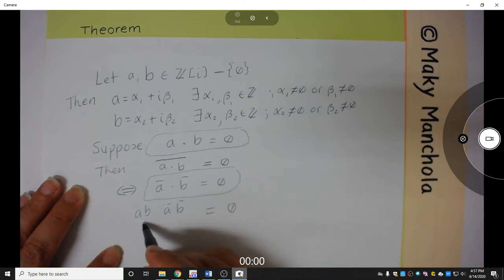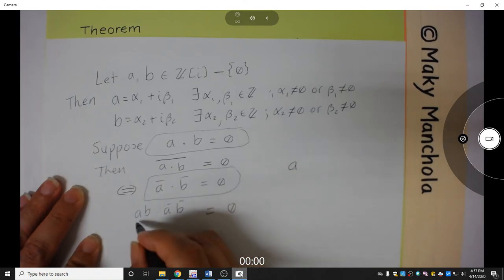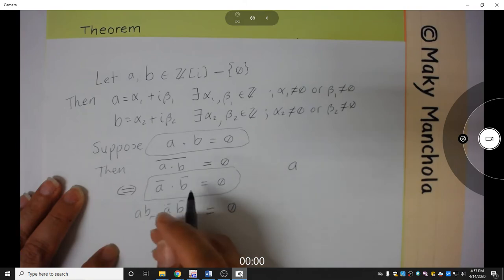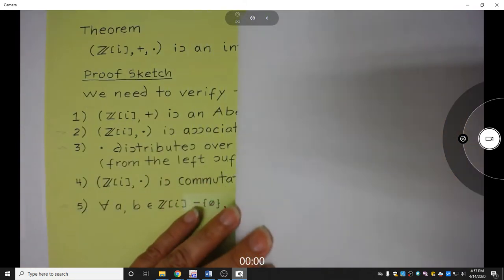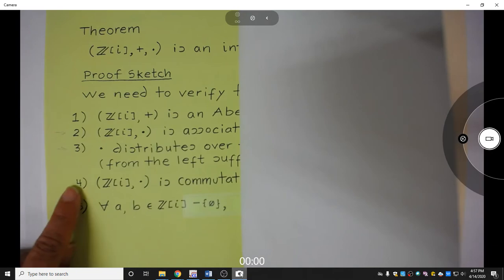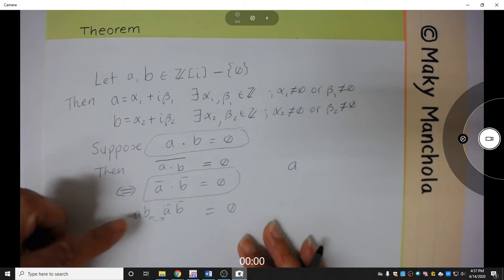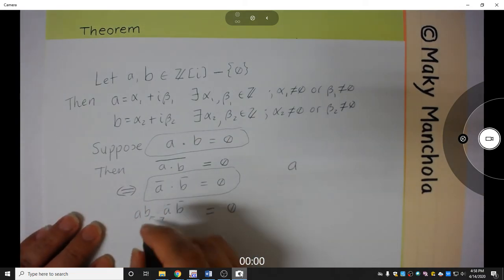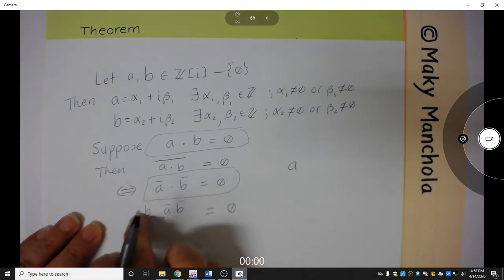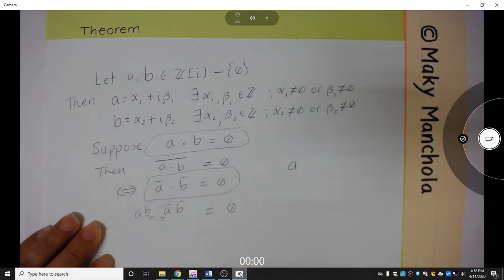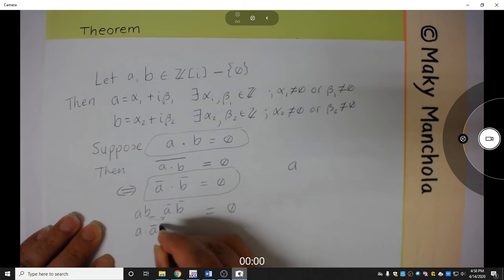Now let's make the observation that we can commute here, because multiplication of complex numbers is commutative once you establish step 4. You're able to commute complex numbers under multiplication. So you get a times a conjugate times b times b conjugate.